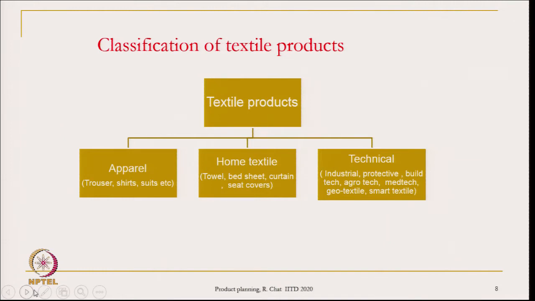So the use of textiles in developing technical products is something which is new. Earlier, for centuries, we had apparel products and home textile products, both existing with us for a long time. The contribution of textile into technical products earlier was very limited.